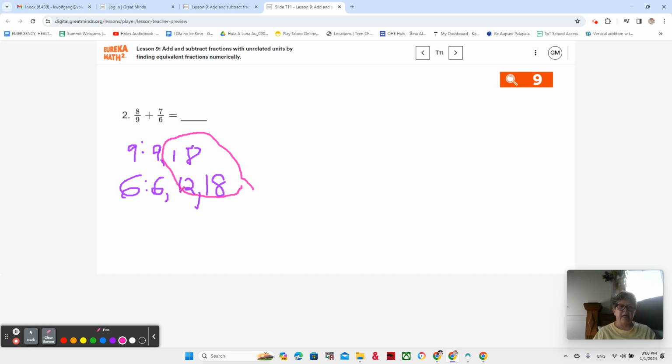Okay, and I think that this is an efficient way of doing things, listing the multiples, writing them down. So let's sort of adopt that as our way of solving unlike fractions, right? So we have 8/9. Now, what does this tell us? This tells us that we're changing it to 18, right?